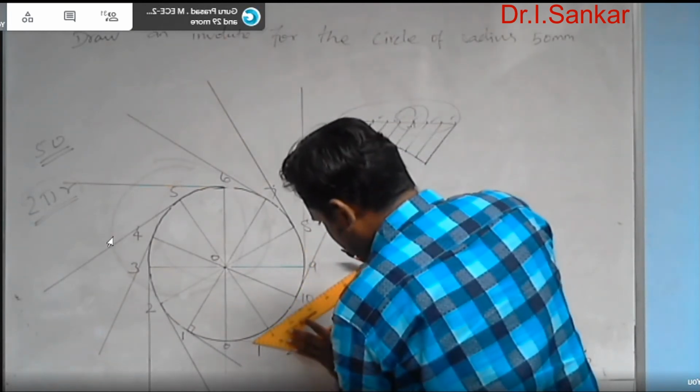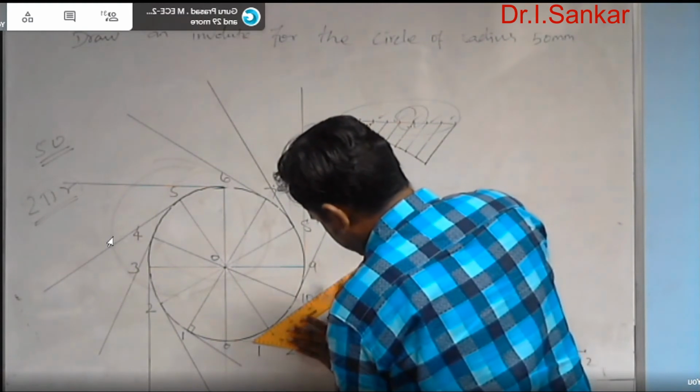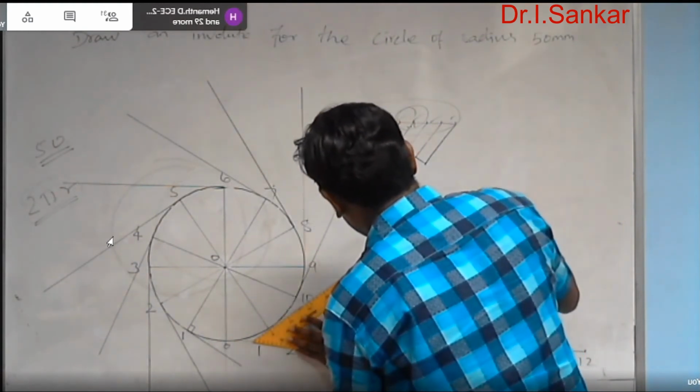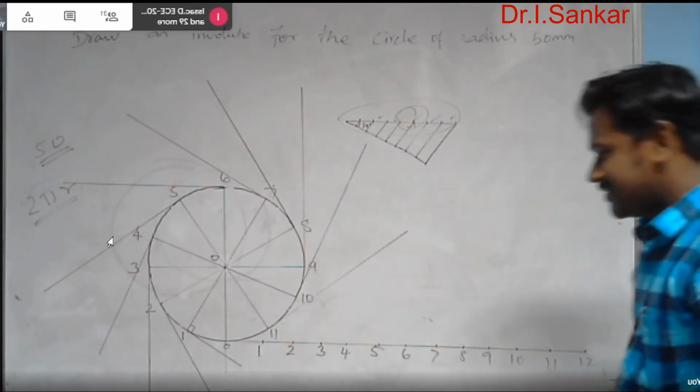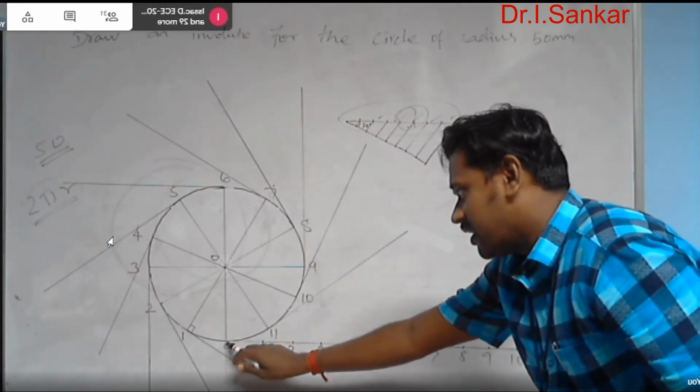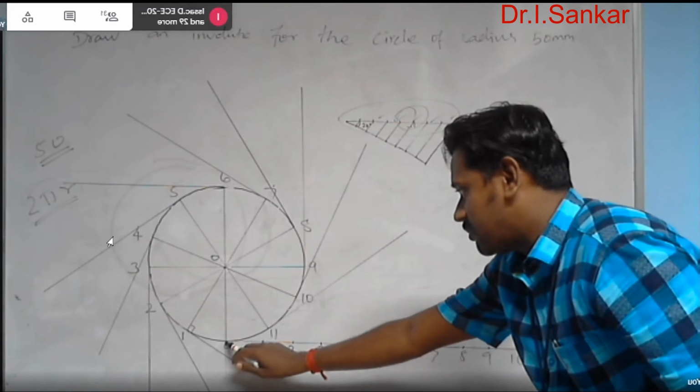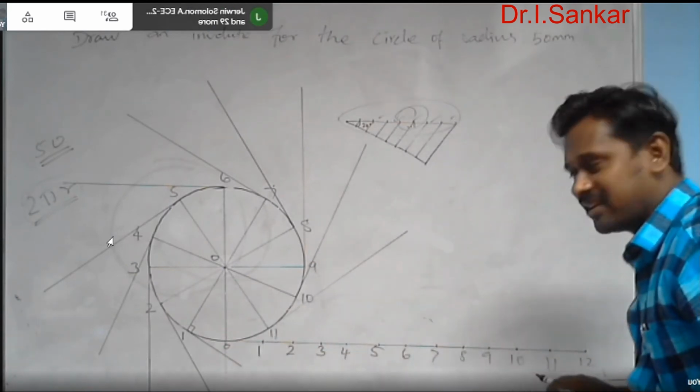From 11 again. From 12, the line is already there. Just note it: if you are supposed to draw a horizontal line from this terminal, it is already there.